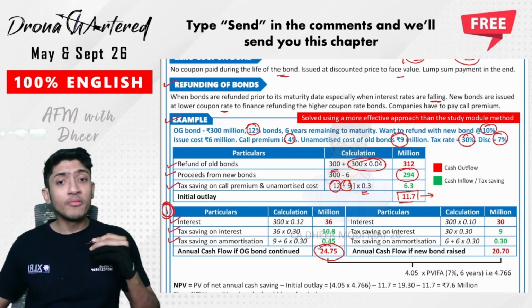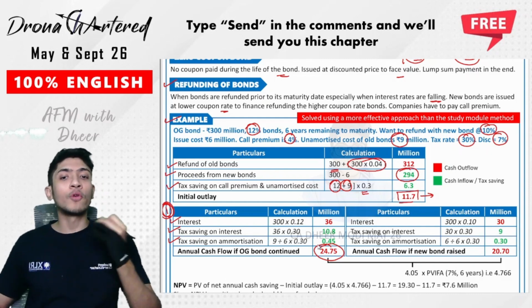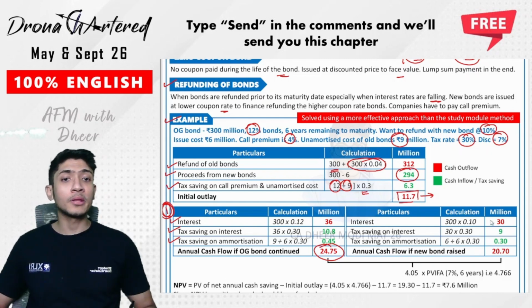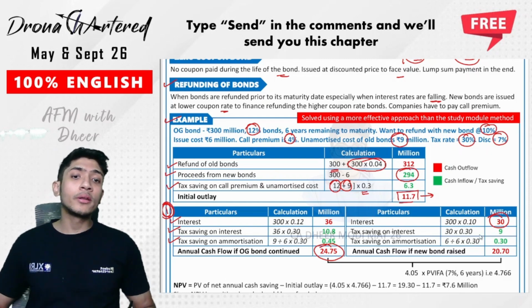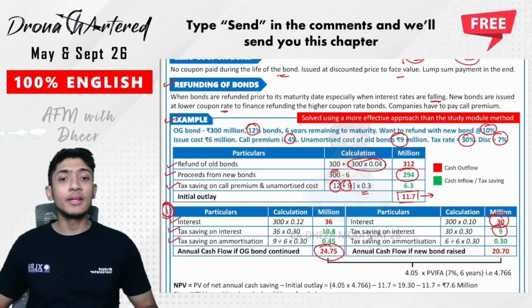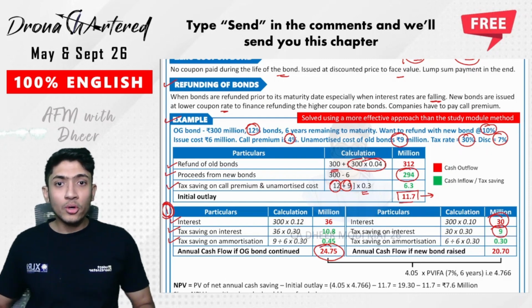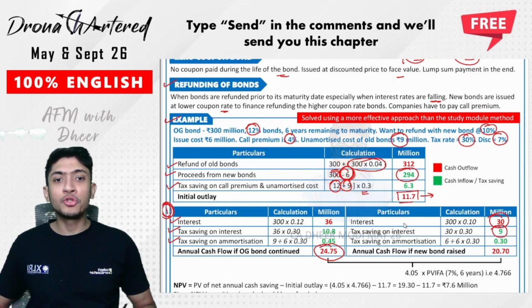Now if new bonds are raised, then what will be my cash flow? My interest will now not be at 12%, it will be at 10%. So therefore 30 million. Then there will be some tax saving on interest, that is 30%. So that is 9. And next is tax saving on amortization. Of course, this amortization also you will be getting, because this 6 million is your issue cost.